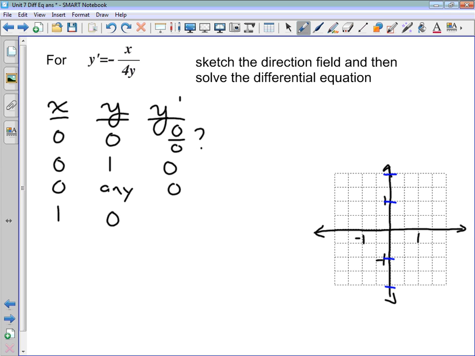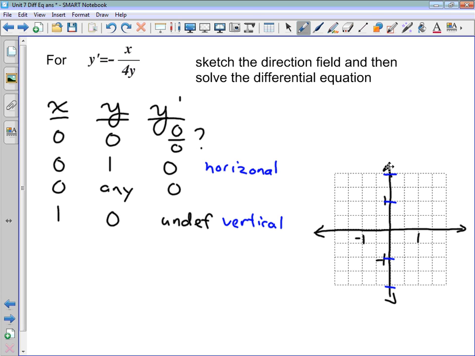If we sub them in, that's 1 divided by 0. Anything divided by 0 is going to be undefined. So an undefined slope is going to be a vertical line. A slope of 0 is horizontal, and an undefined slope is vertical.